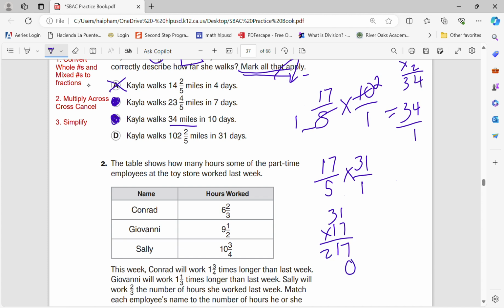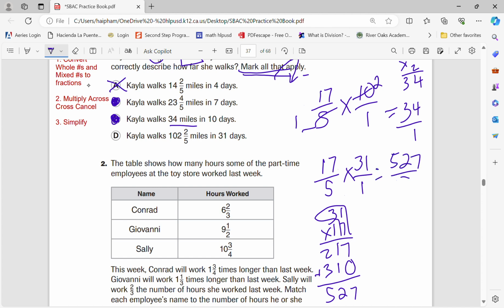Now I mark my 0 for my tens place, or lay my egg, and multiply the outside. 1 times 1, 1. 1 times 3, 3. And now let's add them up. I have 7, 2, 5. 527 over 5.